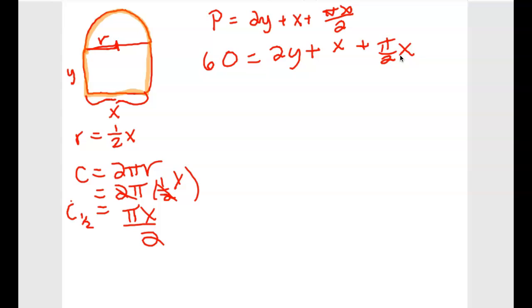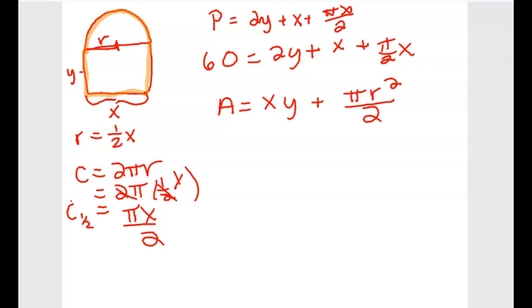So you would do xy plus pi r squared and plug in that r. Exactly. So area is xy plus the area of a circle, pi r squared, divided by 2 because it's half a circle.